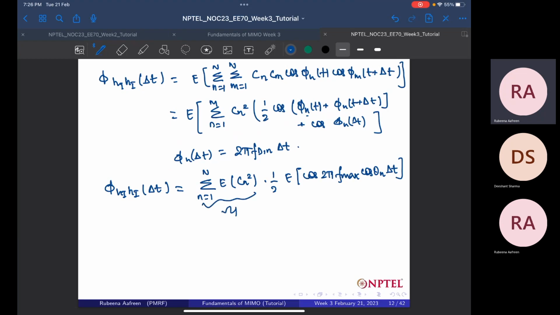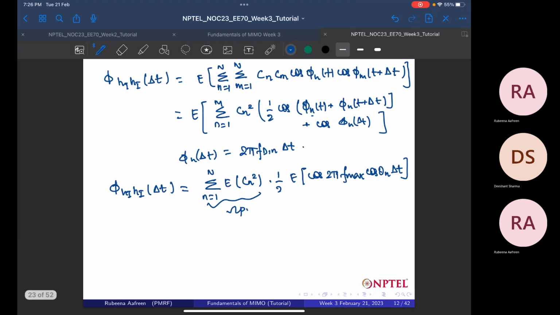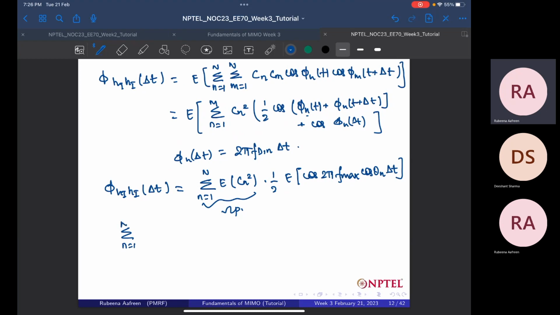This is equal to total power. So this summation n equal to 1 to n, c n square is total transmit power. So expectation of c n square would be gamma p upon n, and we know that p of theta n is 1 upon 2 pi.